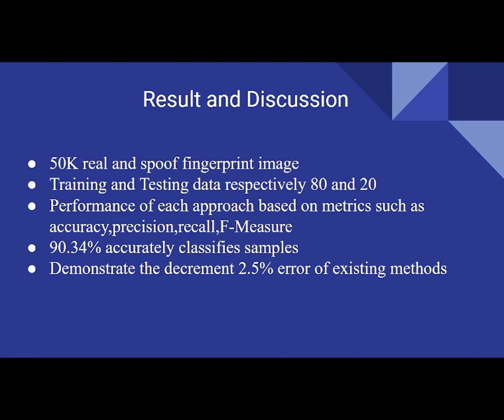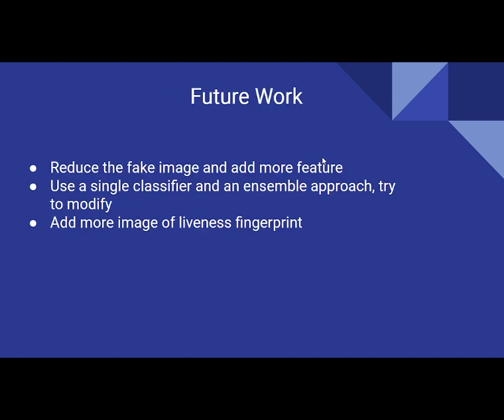So for future work, reduce the fake images and add more features, as they train it more on a little bit of fake images. They use a single classifier and ensemble approaches in this paper.